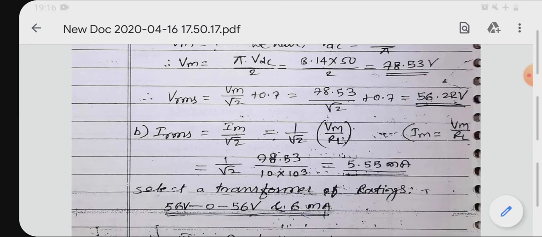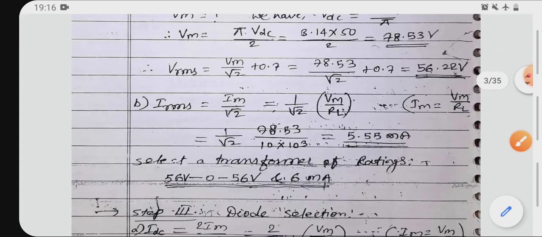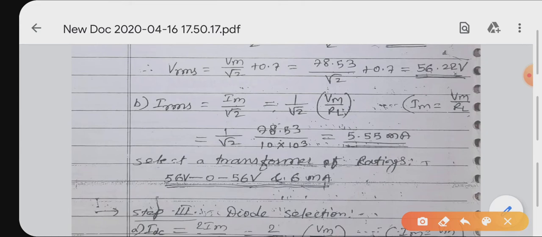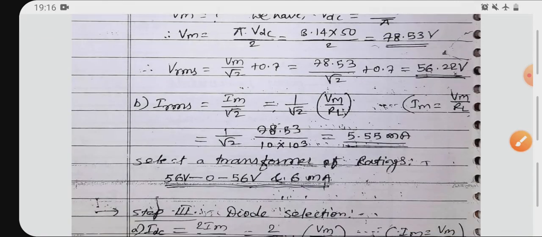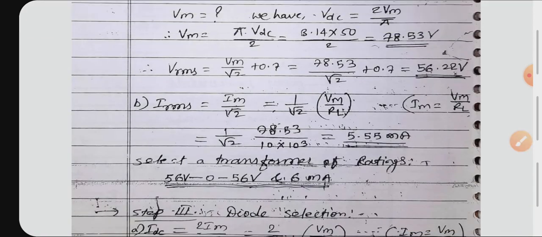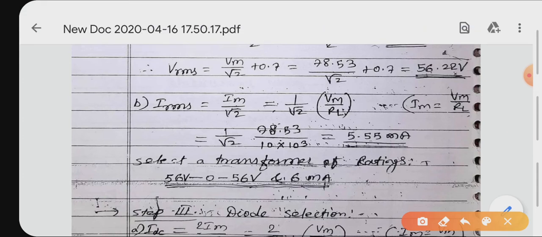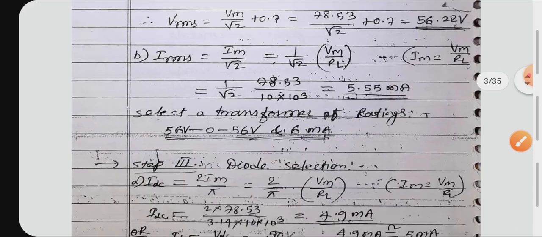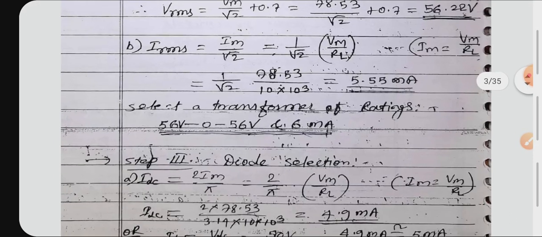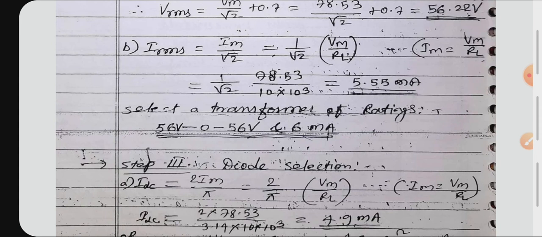Second parameter you have to calculate is IRMS. Here you can calculate the value of IRMS as Im by root 2, into Vm by RL, since Im can be written as Vm by RL, and accordingly you will get the value of IRMS as 5.55 milliampere.